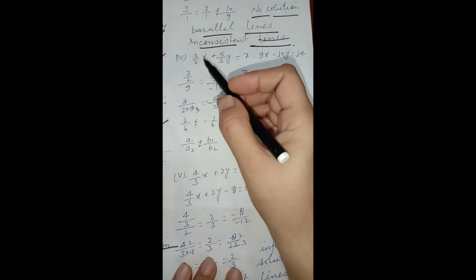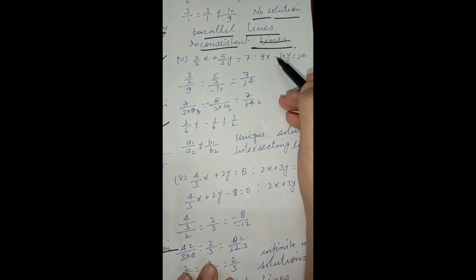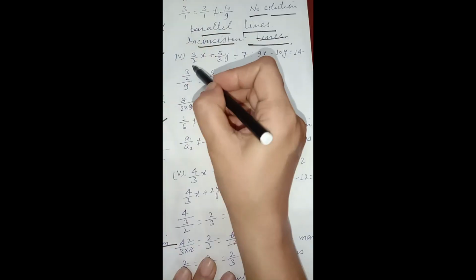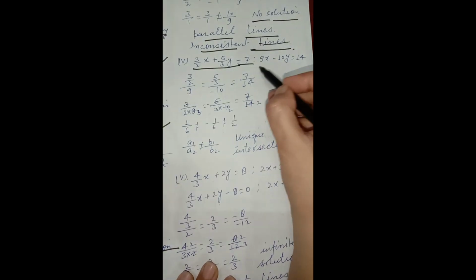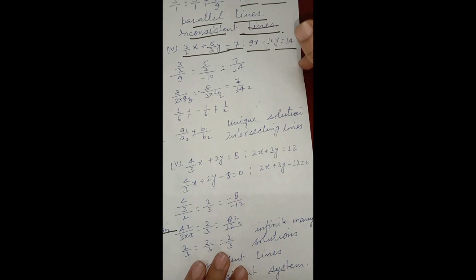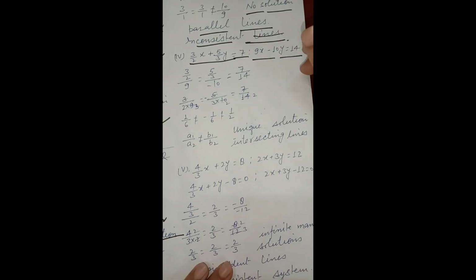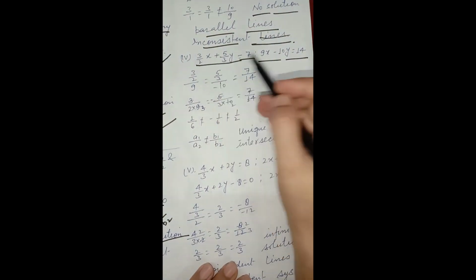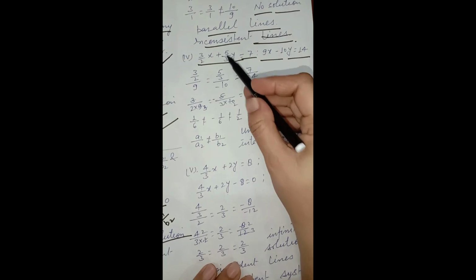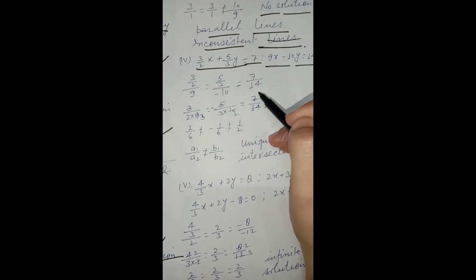Now next is 3 by 2x plus 5 by 3y equals to 7, and 9x minus 10y equals to 14. So children, you check here, the equations are not in their standard form. So first you write them in their standard form, then you find the ratio: 3 upon 2 upon 9, 5 upon 3 upon minus 10, 7 upon 14.